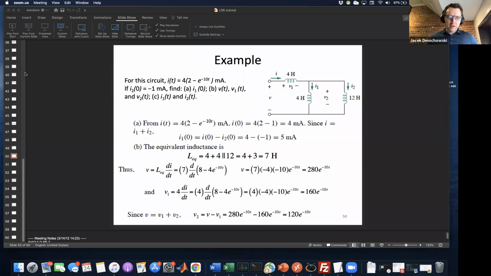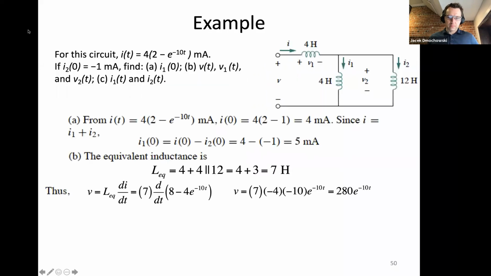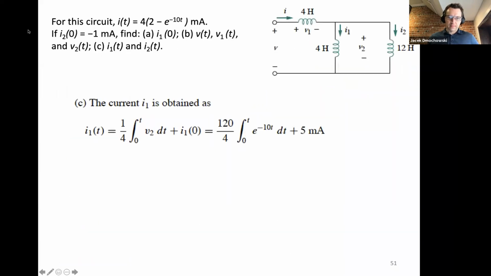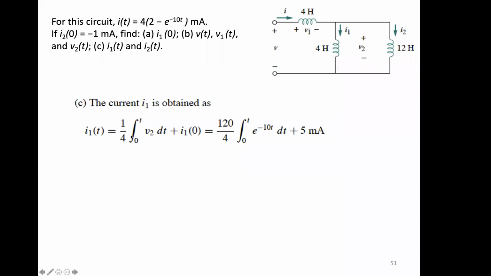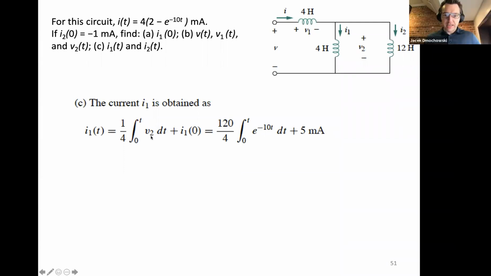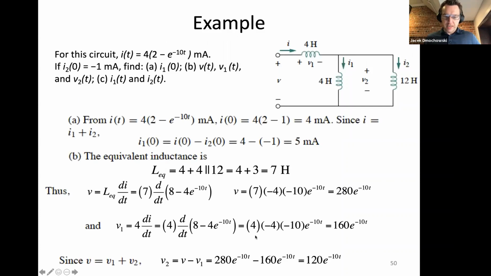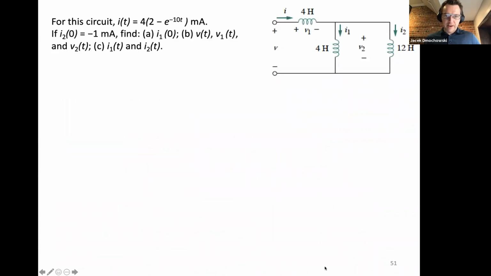I'm gonna go back to the slideshow. Yeah. So, like you said, to go from the voltage to the current, we need to integrate and divide by the inductance. So V2 of t, we know that V2 of t has this form. So we need to integrate that waveform and divide it by the L.